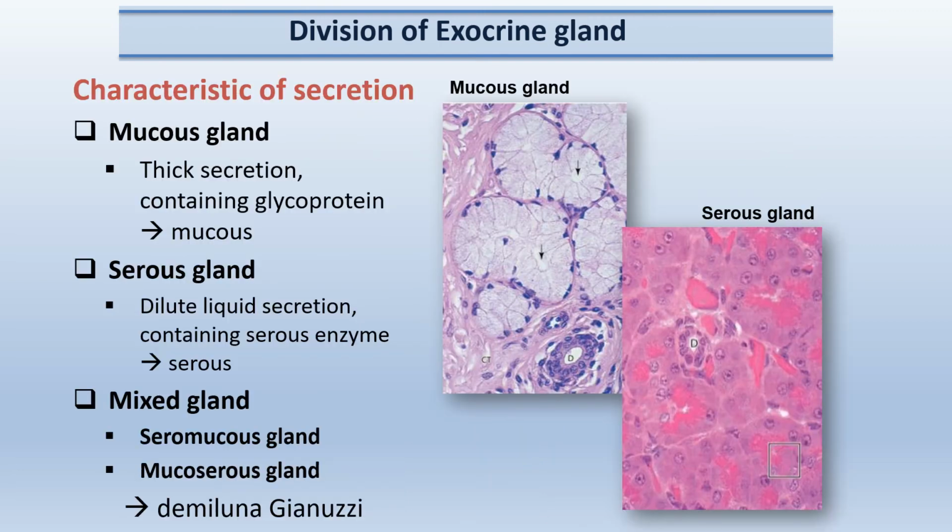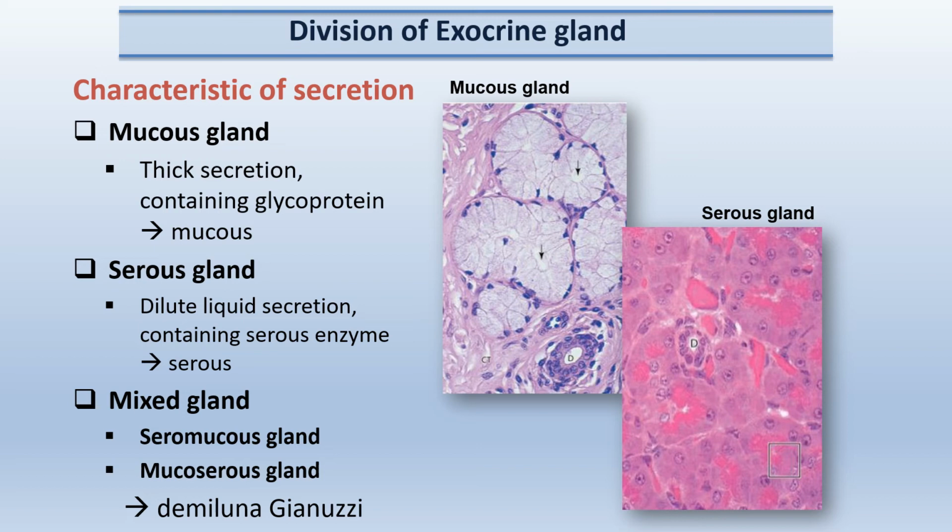Based on the characteristic of secretion, there are 3 types: mucous gland, serous gland, and mixed gland. Mucous gland has a thick secretion containing glycoprotein, called mucus. Serous glands have a dilute liquid secretion containing serous enzyme, called serous.